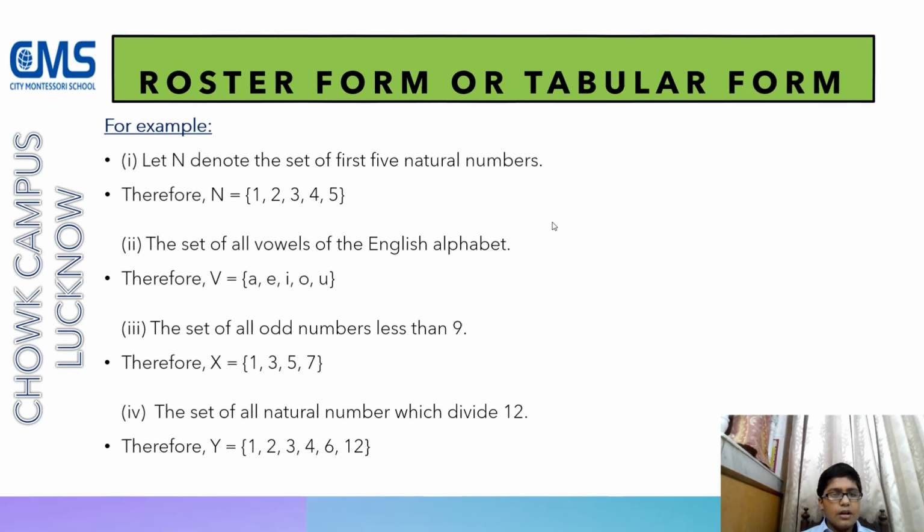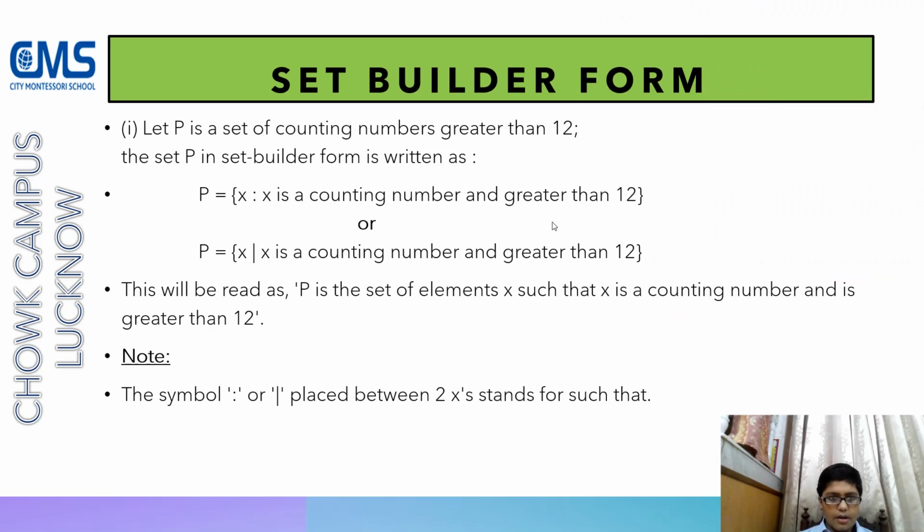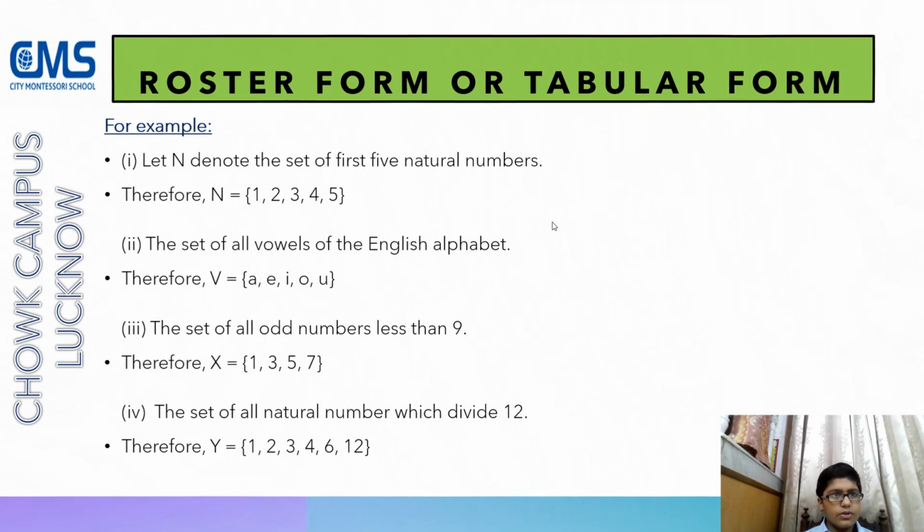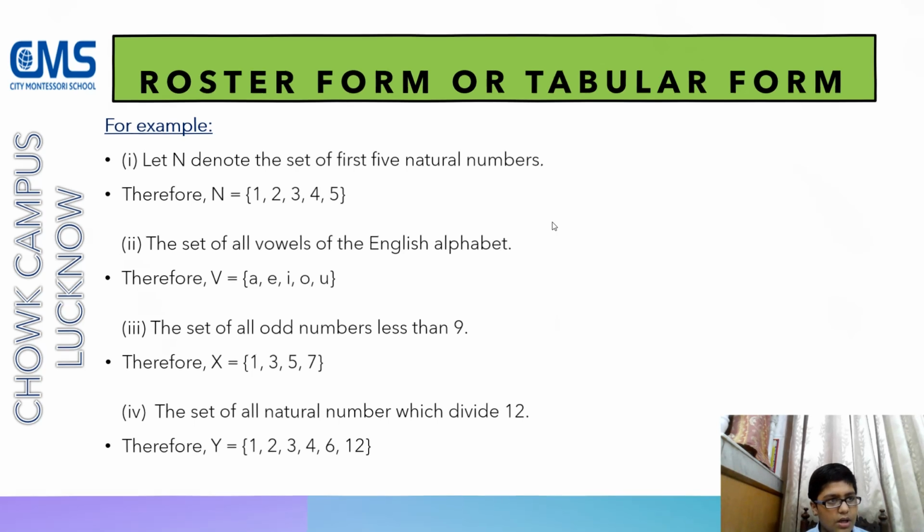We write the property possessed by the elements of the set and enclose the whole description in braces. In this, the colon stands for 'such that' and braces stand for 'set of all'.